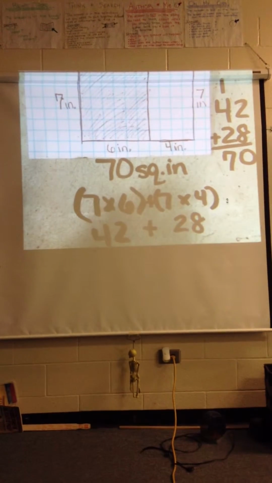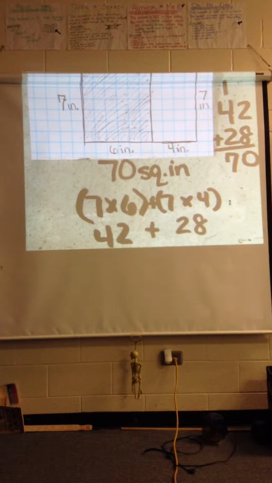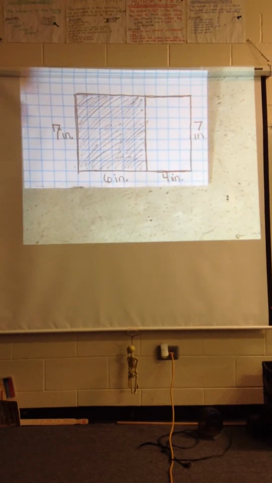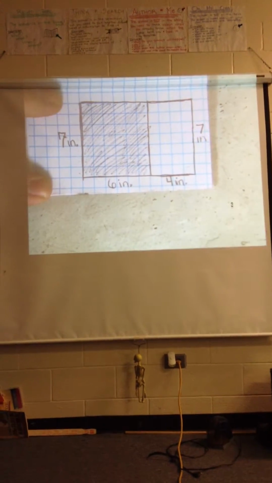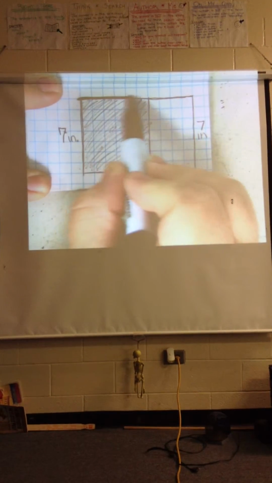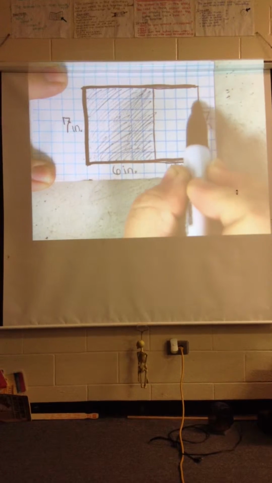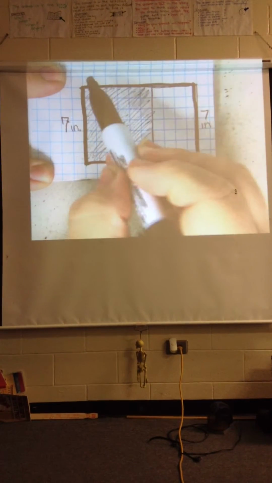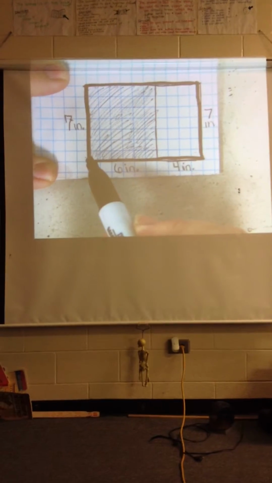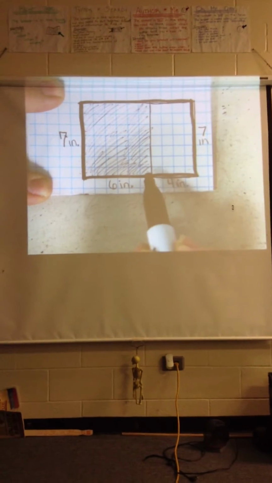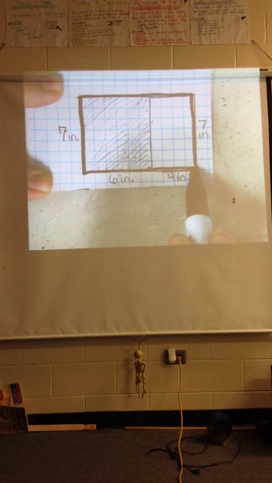Now I can take that same problem and do something else with it. If I want to know how much they are combined, the area, I can also look at this figure and say, well, now I'm looking at the outside rectangle. I'm no longer looking at them as two different pieces. I know the length is 7. But what do I now know about the width? I know that from here to here is 6 inches. From here to here is 4 inches.